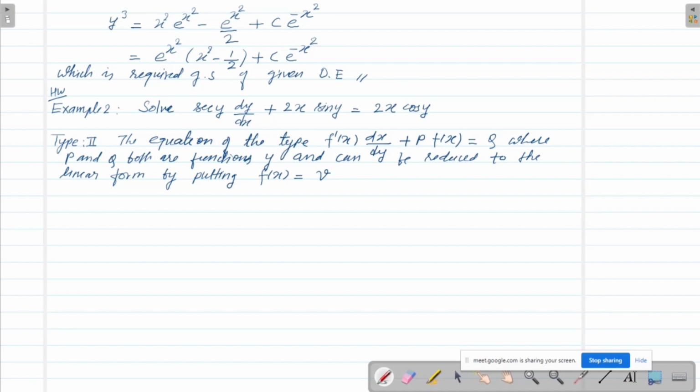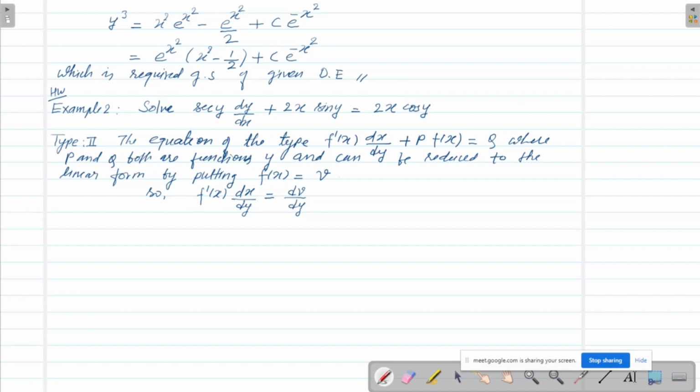Now differentiate this. If you differentiate this, you will get f'(x) dx/dy = dv/dy. Here I am differentiating with respect to y.